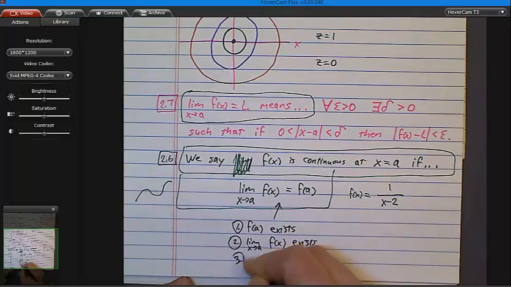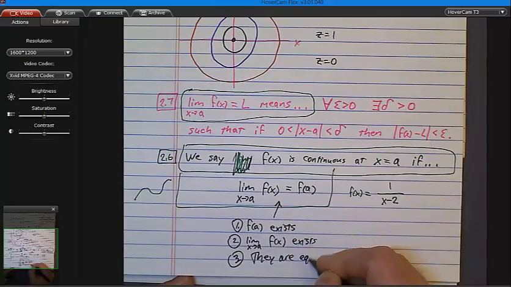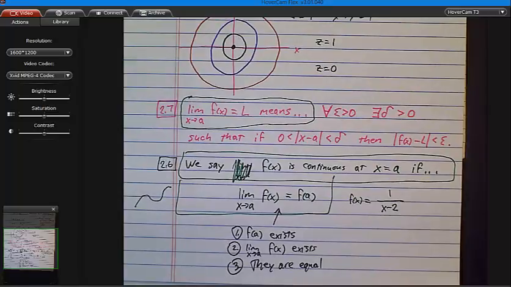And then 3, they are equal. So these are ideas from Calc 1 that come back again today, because we're going to be giving you functions, and we're going to say, well, are they continuous? And we're going to have to know, well, does the limit exist? They're all ideas you had before, it's just that the pictures are going to be a little bit different now.